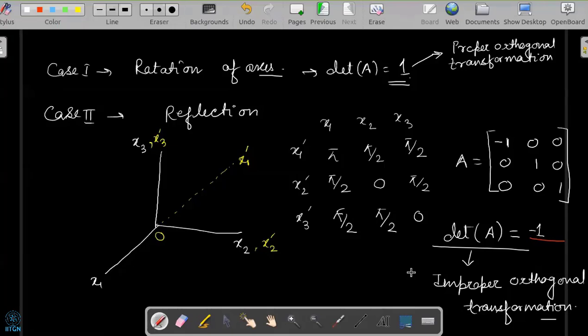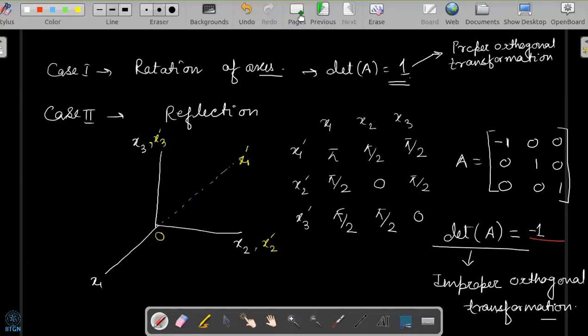We can check it. It's better to see various combinations and try to find out whether we can say it in the general form or not. I think we can. Now what is the use of this proper orthogonal transformation and improper orthogonal transformation? That we have to understand.